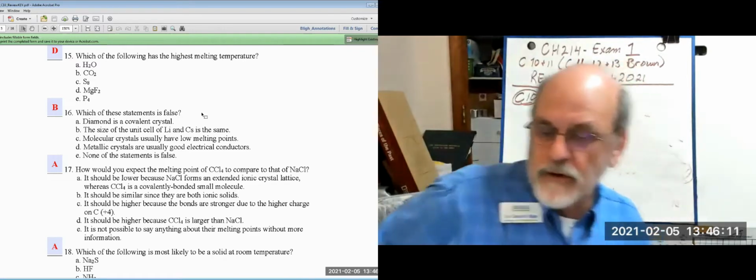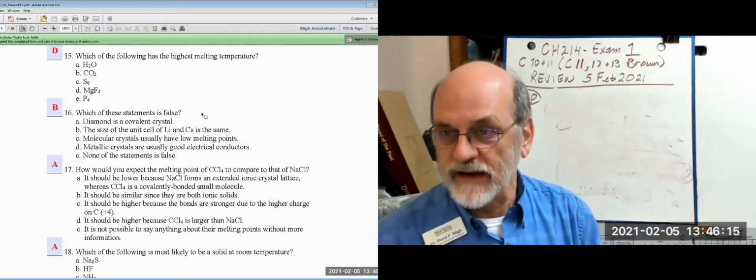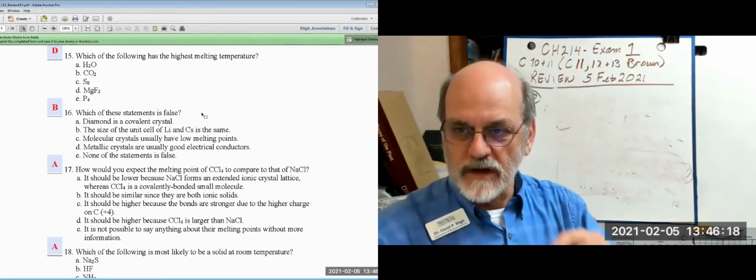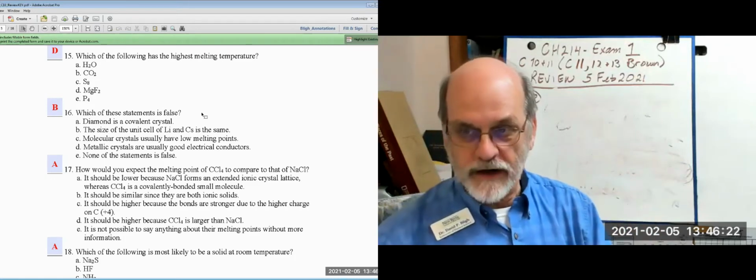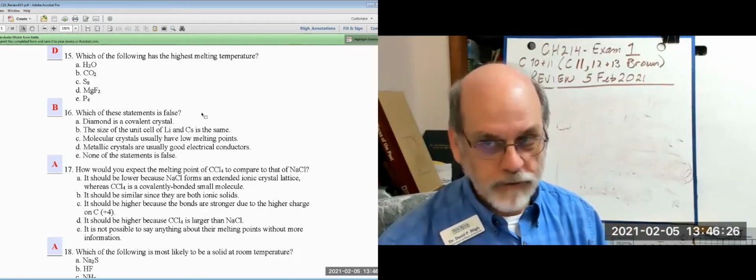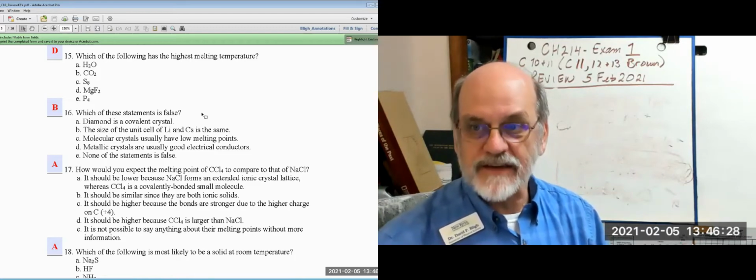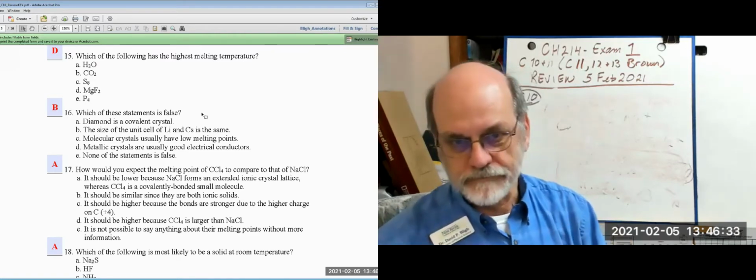Yep. Every carbon is bonded to 4 other carbons with a covalent bond, and it forms a crystal network. In fact, one interpretation is that a perfect diamond with no flaws is a single molecule from edge to edge.